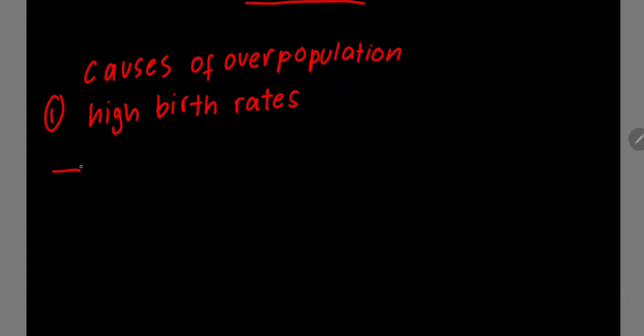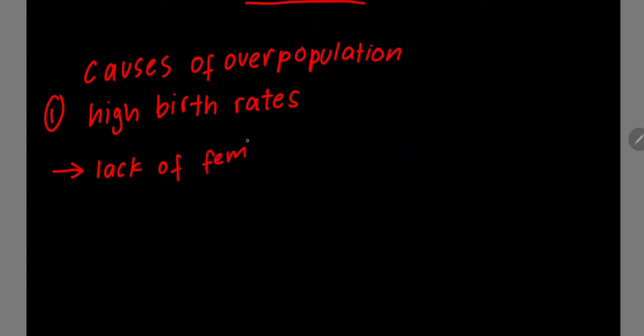So here's what causes high birth rates. I actually explained most of this in part 1 of population dynamics, but I'm still going to give a brief introduction again. First of all is the lack of female education.